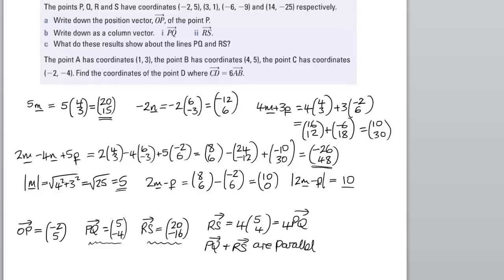And we've already stated it there. RS is 4 times the length of PQ. So vectors that are multiples of each other are parallel, and then the scalar multiple tells you how many times bigger they are.